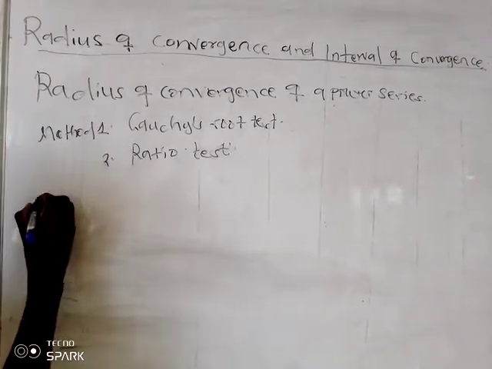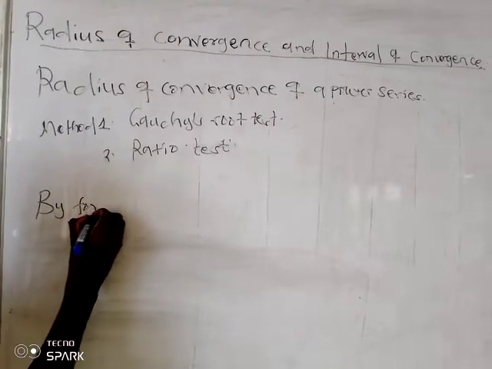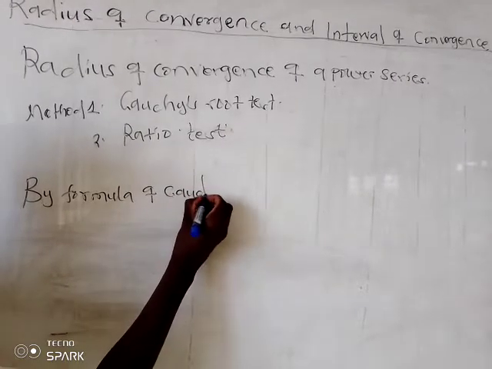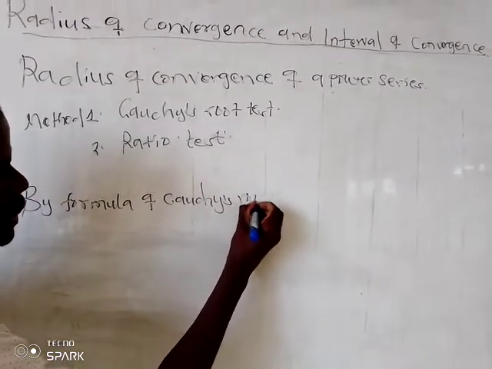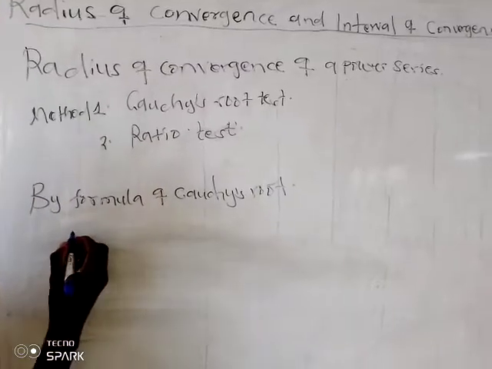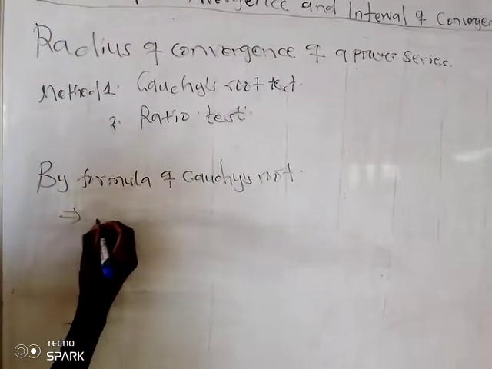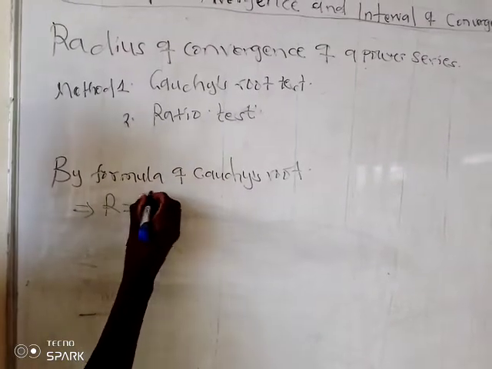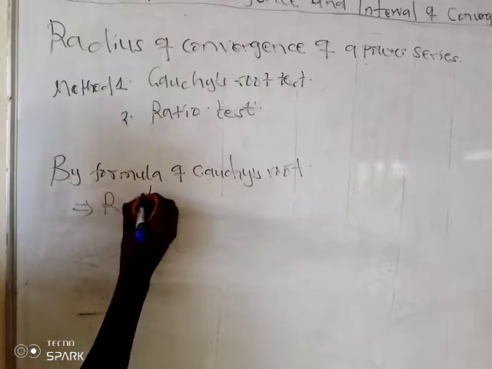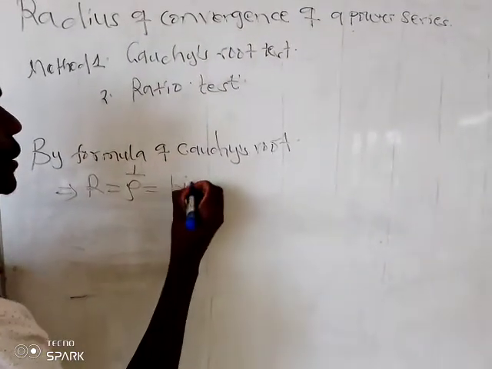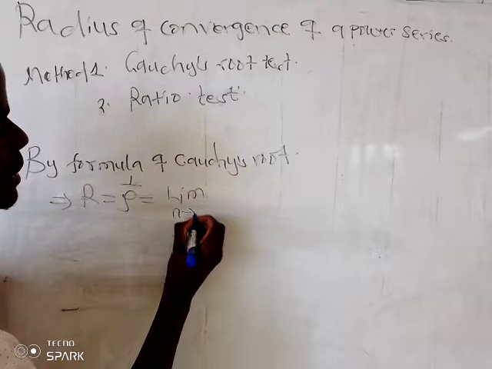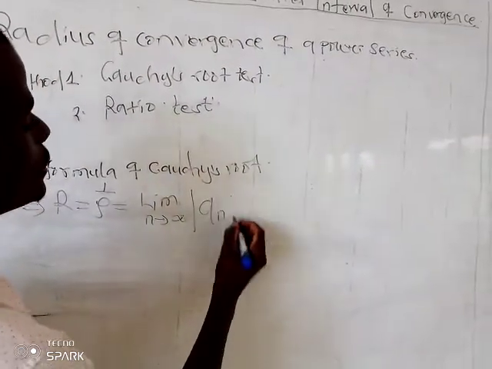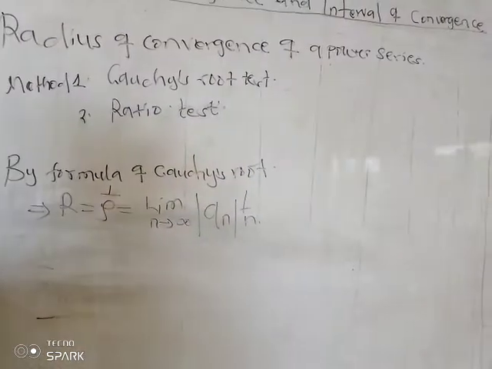By the formula of Cauchy's root test, we say R, which is equal to 1 over rho, is equal to the limit as n tends to infinity of an to the power 1 over n.